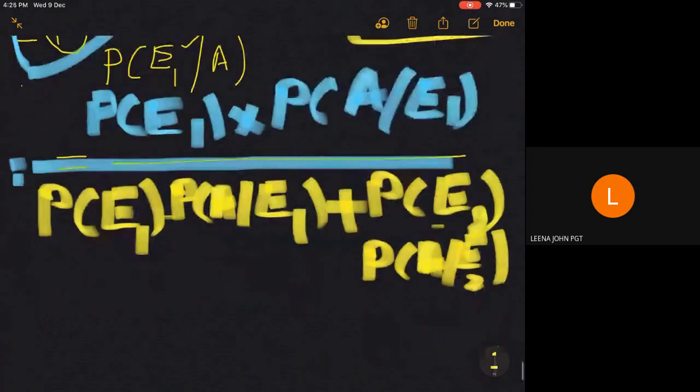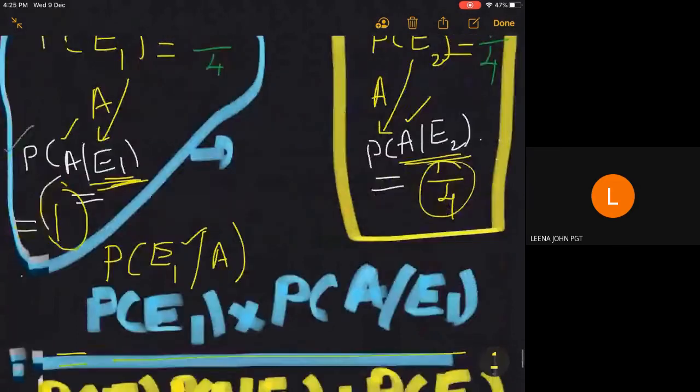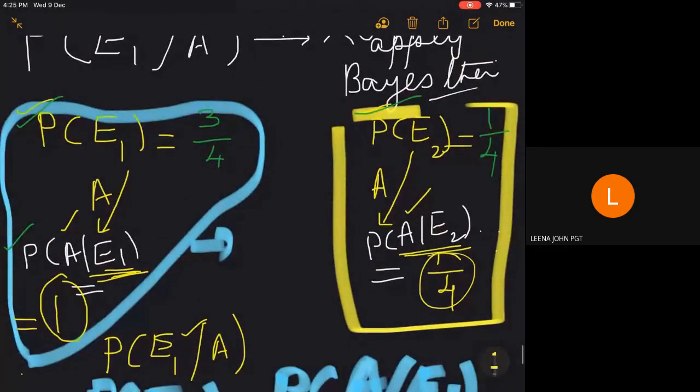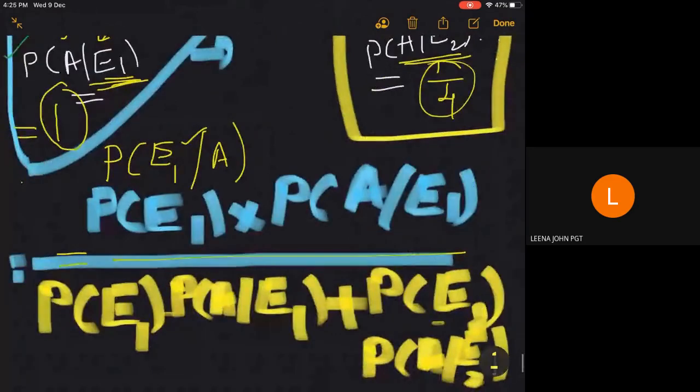So if you don't have the time, you can directly write from here. This blue color circled one will come at the top.